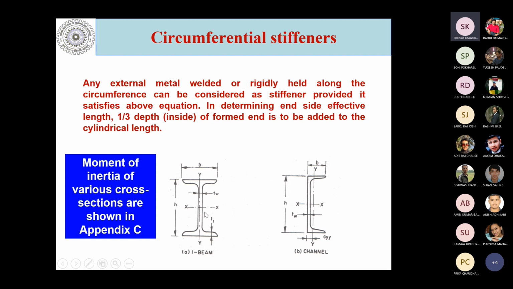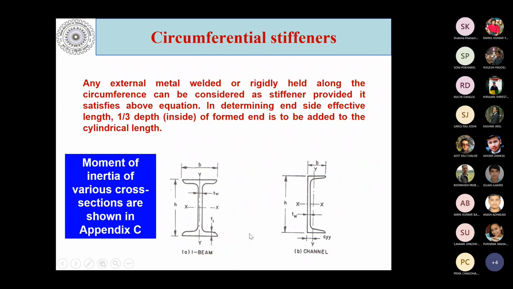Okay, but if you see the stiffening rings, they also have different shapes. Here I am having an I beam, here I am having a channel. So if you see, these are the parameters of the I beam. Here I am having H, the height of this, and this B is the width of this I beam. Now here I'm having XX and here I'm having YY.